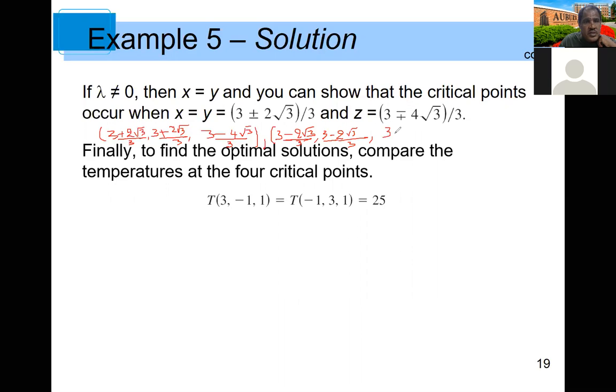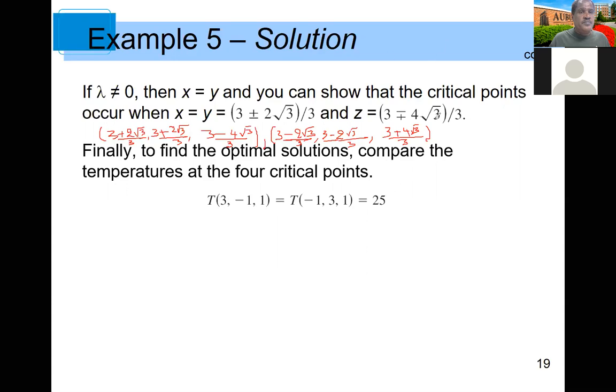It will be 3 plus 4 root 3 over 3. So you have to find the function t. You have to evaluate the function based on the Lagrange method. You have to find t at 3, negative 1, 1. You have to find t at negative 1, 3, 1. If you do, you will find both of them to be 25, okay?